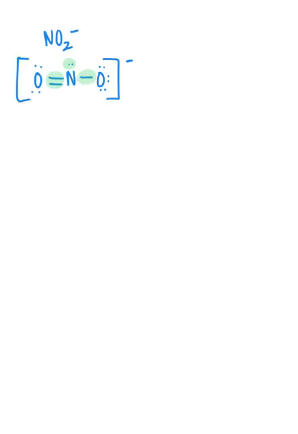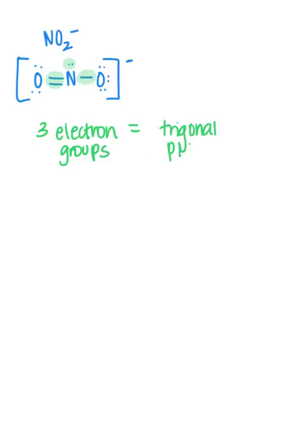So knowing this, 3 electron groups means that the electron geometry is going to be trigonal planar. This is the electron geometry.